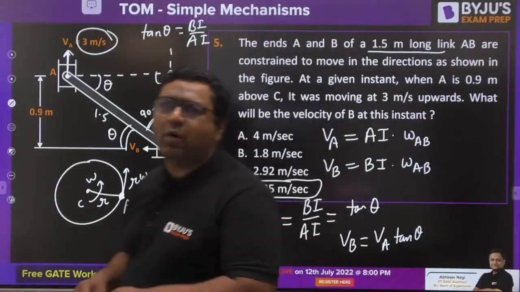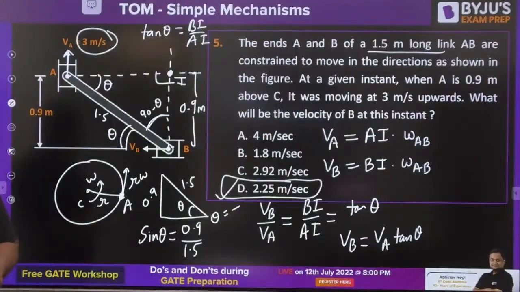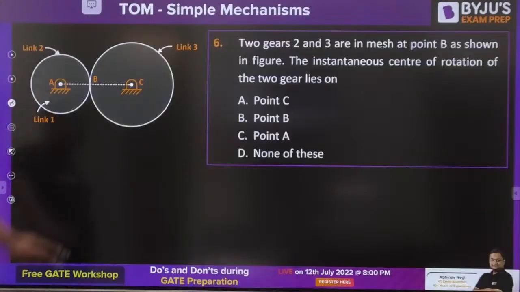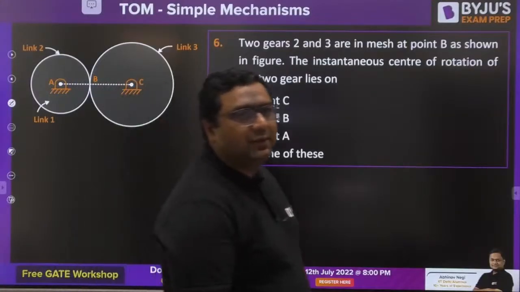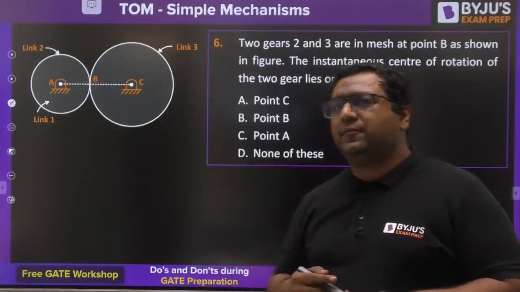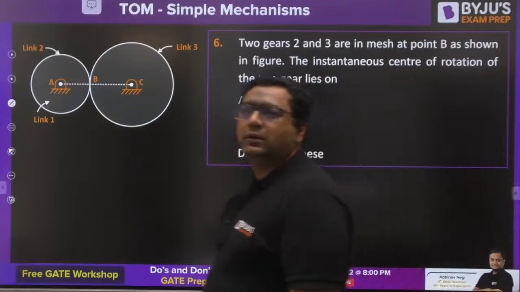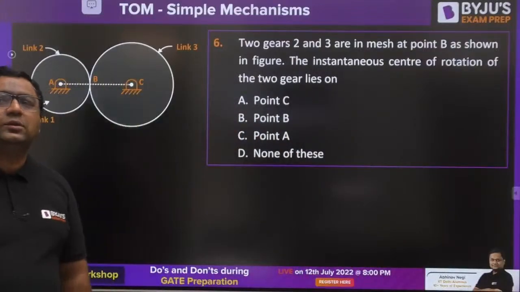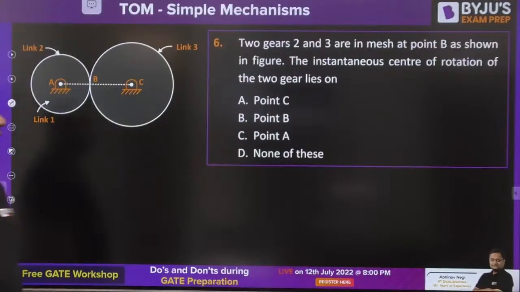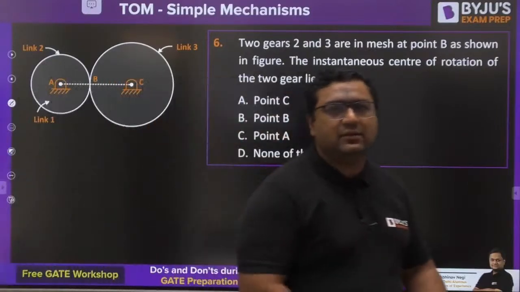Okay, Bhavya, very good. Kaviraj, you got it? Yes. So the answer is D for this. Question number 6. Once again from I Center. Very good, Kaviraj. So question number 6, guys.